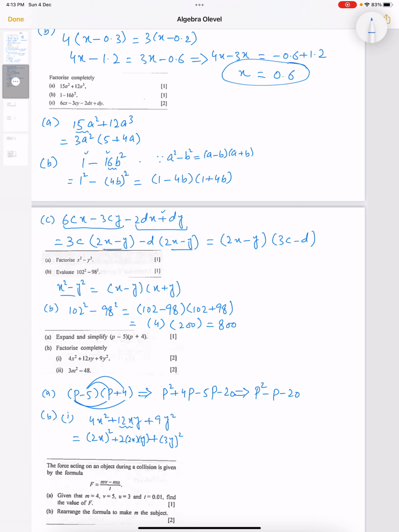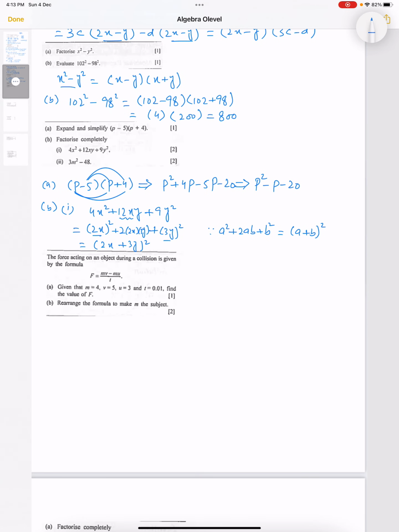This expression takes the form of the identity a square plus 2ab plus b square. In place of a, we see here is 2x. In place of b, we see it is 3y. Since it is equal to (a plus b) whole square, here this will become (2x plus 3y) whole square. Right?